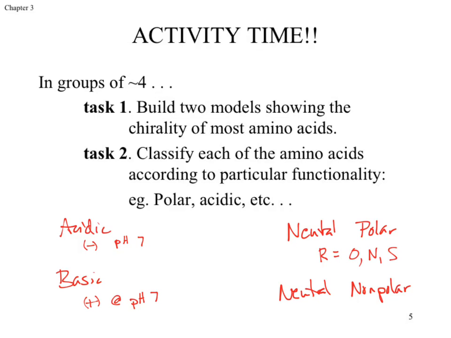And our neutral nonpolars, our R groups are primarily just carbons and hydrogens. Depending on other environments, perhaps one of those polar side chains is buried behind a bunch of carbons. Now you've effectively hidden that polarity, and that R group starts to act more like that neutral nonpolar.